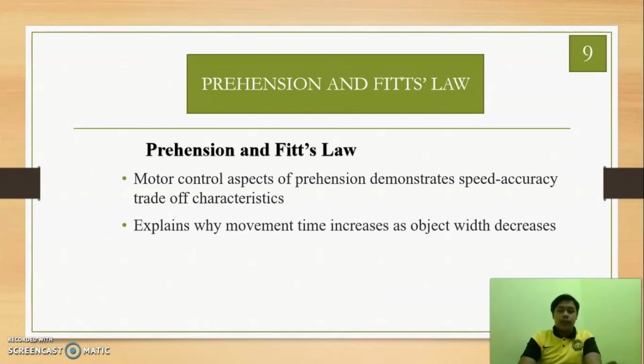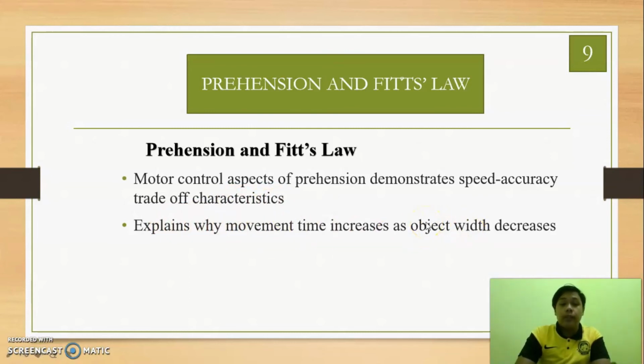The next slide is about prehension and Fitts' law. What is prehension and Fitts' law? It's about the motor control aspect of prehension, which demonstrates speed accuracy trade-off characteristics and explains why movement time increases as the object width decreases.